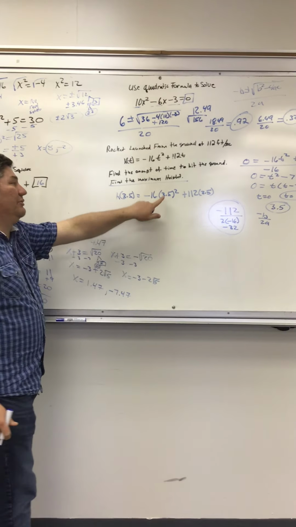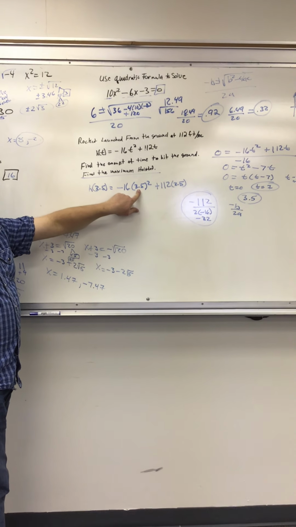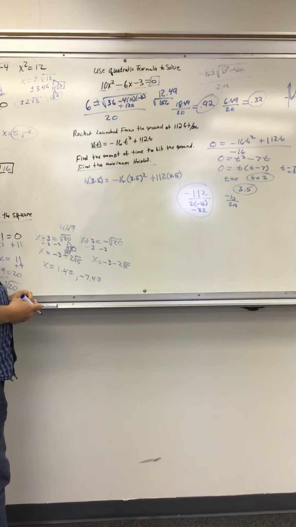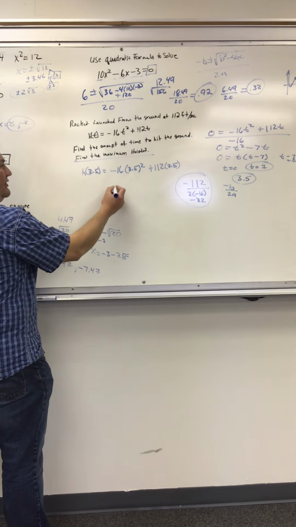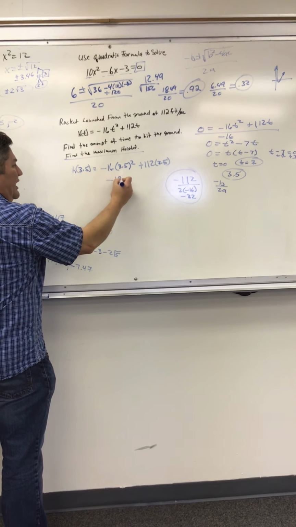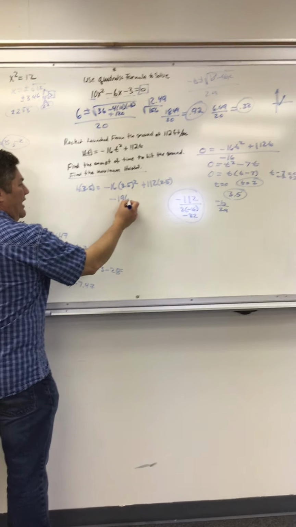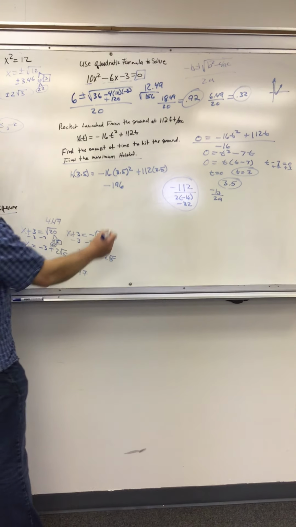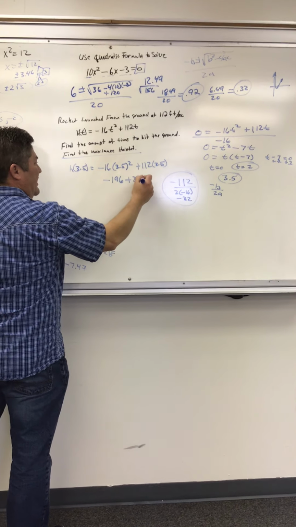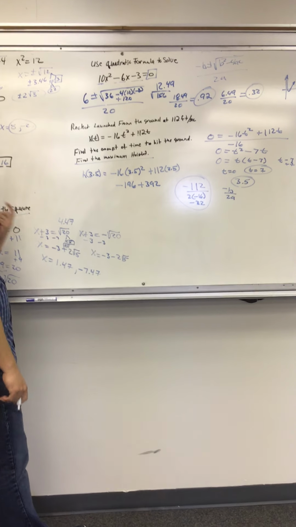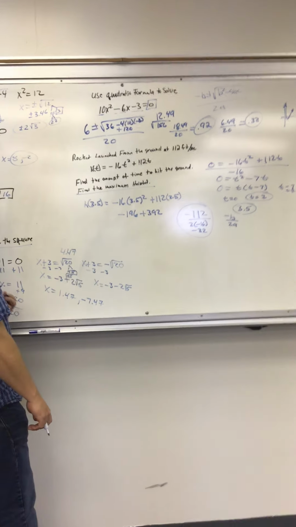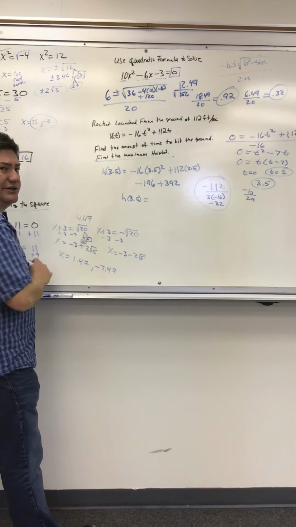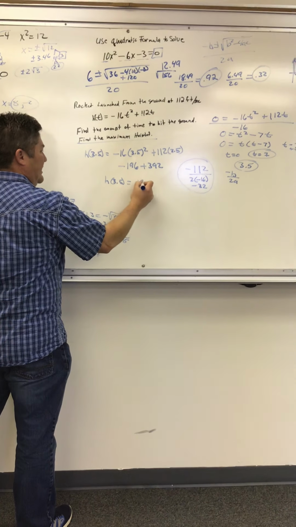We're going to do this on the calculator. 3.5 squared times negative 16 is the first thing, and that gives us negative 196. Then we take 3.5 times 112, which is 392. Now I subtract those, 392 minus 196, and the height after 3.5 seconds of this rocket was 196 feet.